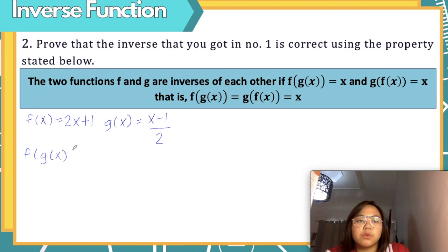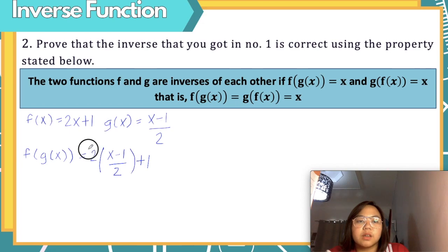So here, we will be substituting g of x to f of x. So we will change this variable to x minus 1 over 2. So this will be 2 over 2 times x minus 1 over 2 plus 1. Again, we just change this variable of f of x to x minus 1 over 2.